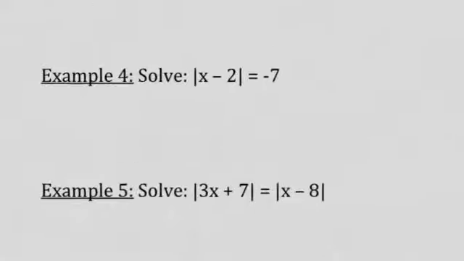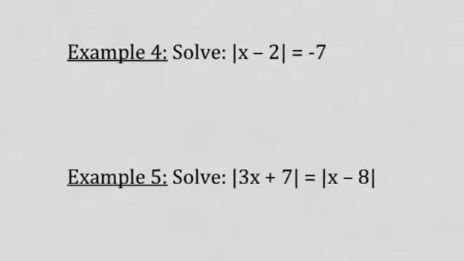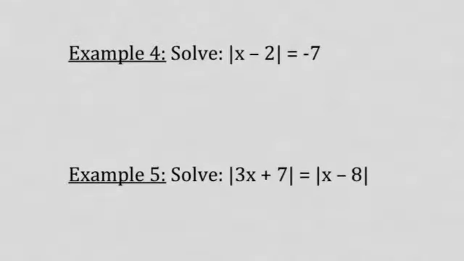Let's try to look at example number 4. That is a true statement. What do we have right here? We're having the absolute value of an algebraic expression equal to a negative number, and that is impossible.